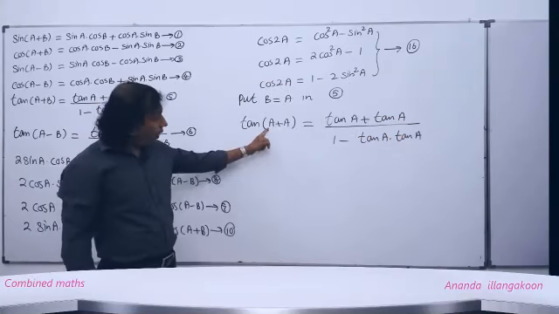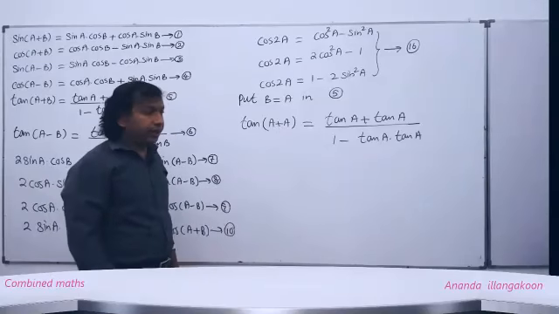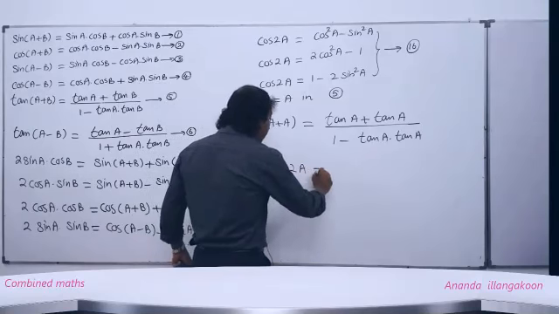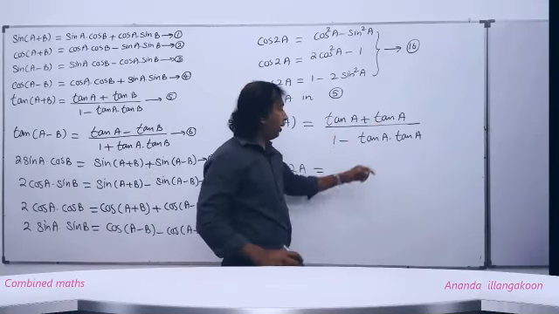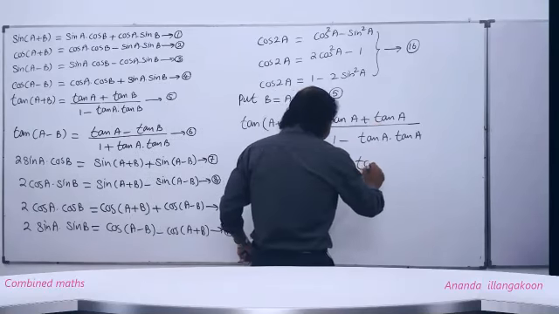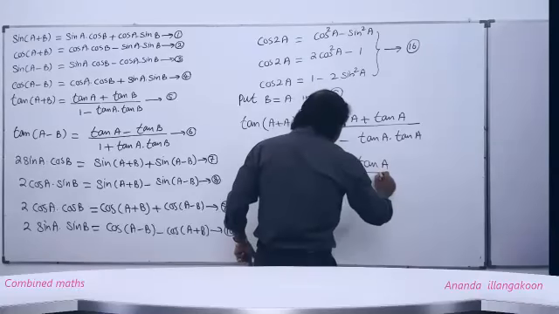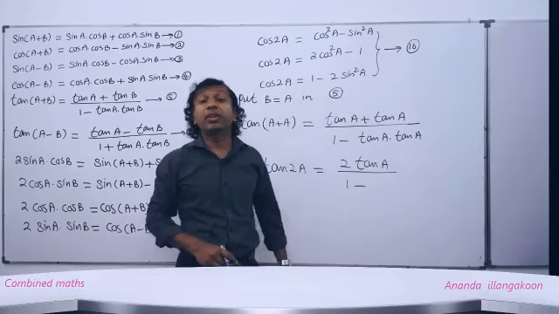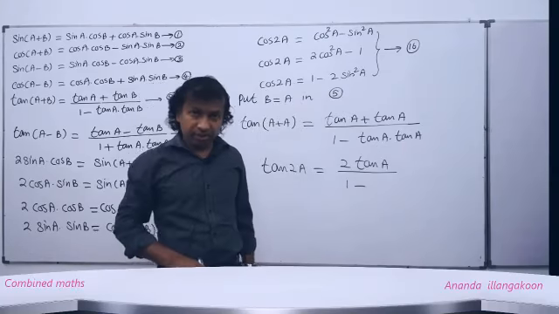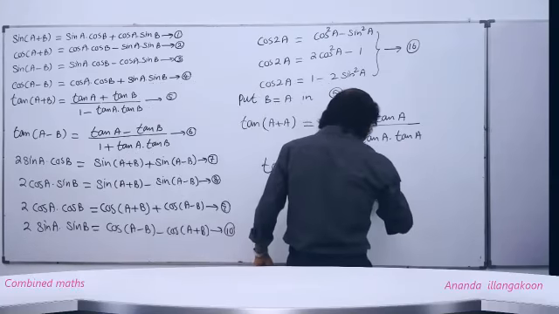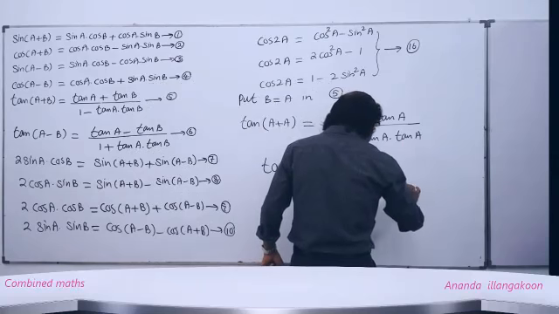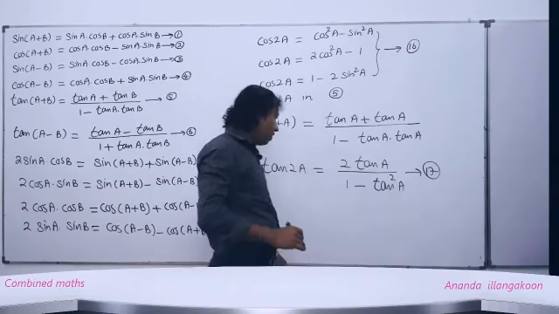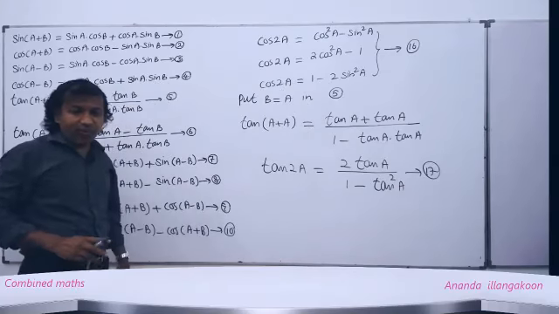Now A and A, 2A, then tan 2A we get. Tan 2A equals tan A plus tan A is 2 tan A divided by 1 minus tan A multiplied by tan A. What, people? Tan A multiplied by tan A means tan squared A. And this is number 17. Formula number 17 now we obtain, people.